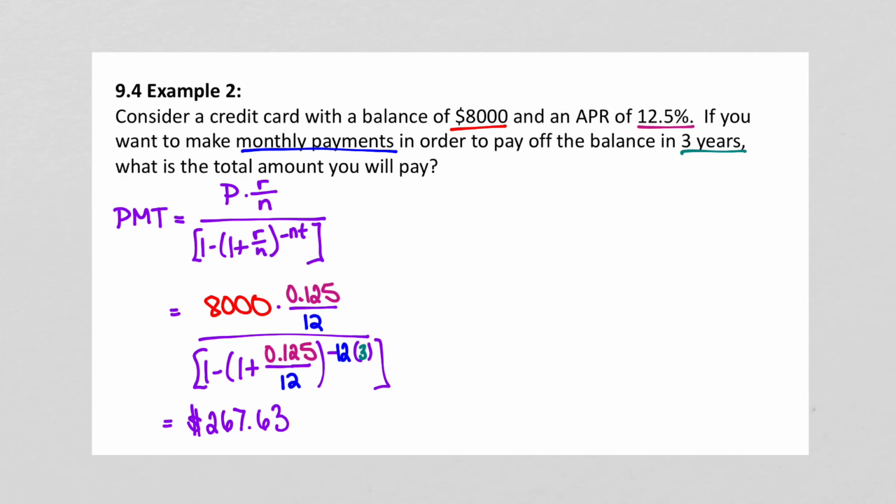Now notice our question was not just what will the monthly payment be? It was what is the total amount you will pay? So to find the total amount you'll pay, you'll take that $267.63 and multiply it by 12 months for 3 years.